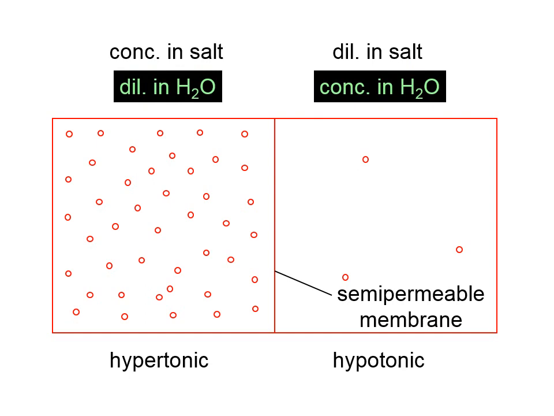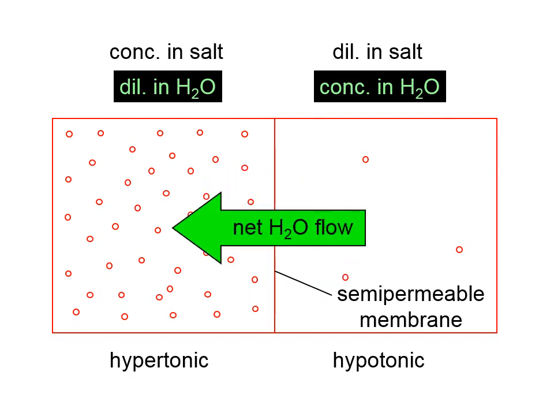Another way we could think of this is that the left side is dilute in water, and the right side is concentrated in water. If we look at it that way, which way will water tend to flow? Well, water is going to tend to flow from areas of higher water concentration to areas of lower water concentration, which means there's going to be a net flow to the left.